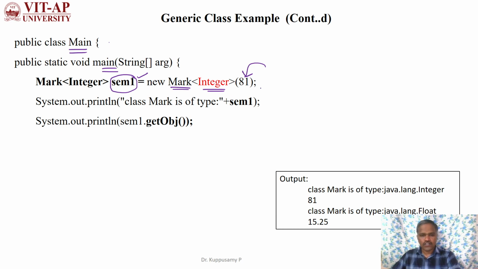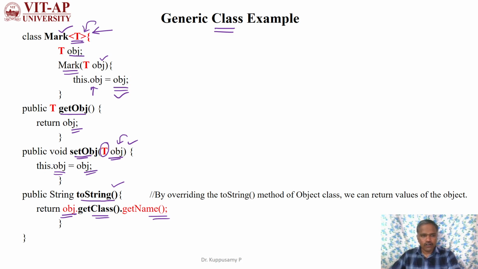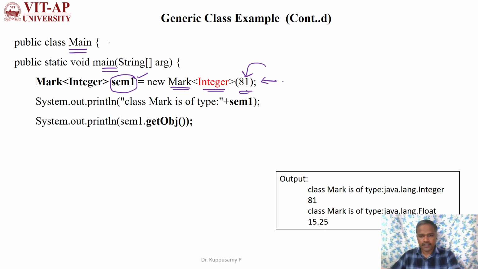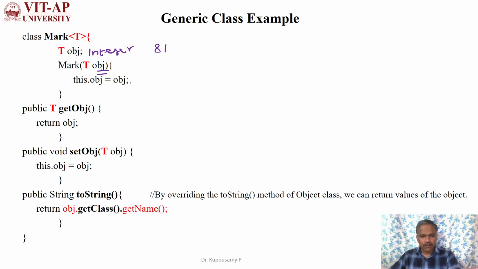Once it is called, the control will pass over to this constructor. In this constructor, Integer is the data type and the object argument is 81. Now the 81 is assigned to this obj.